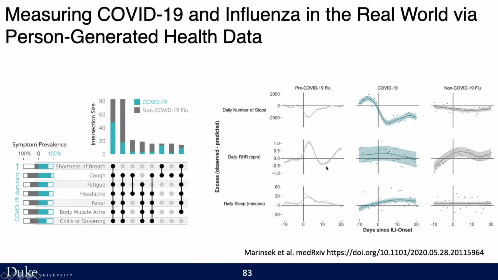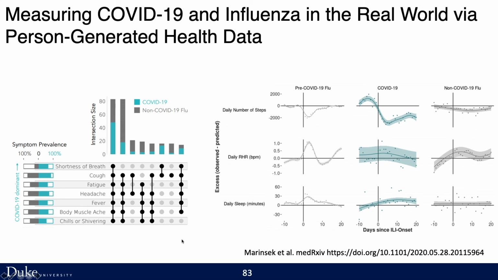We see an increase in heart rate, and actually the increase in heart rate was less pronounced in the COVID-19 case than with the influenza case. And then also these sleep changes, so either increased sleep or increased disruption in sleep. And interestingly, this study breaks down the different types of symptoms and how these changes in physiology relate back to these different types of symptoms.